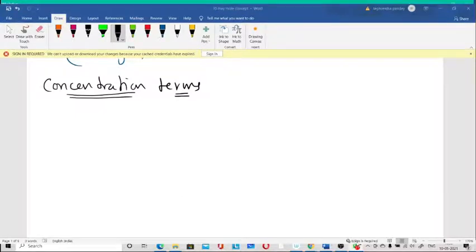Why is it not opening? Okay, let's see, it will take time, I think. Okay, so let's do this one, concentration terms. So what is this? Yeah, this is okay, this one.